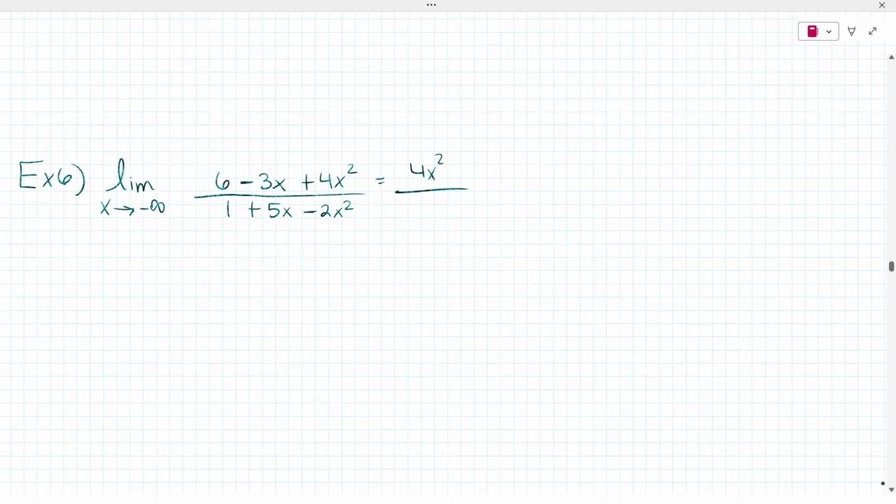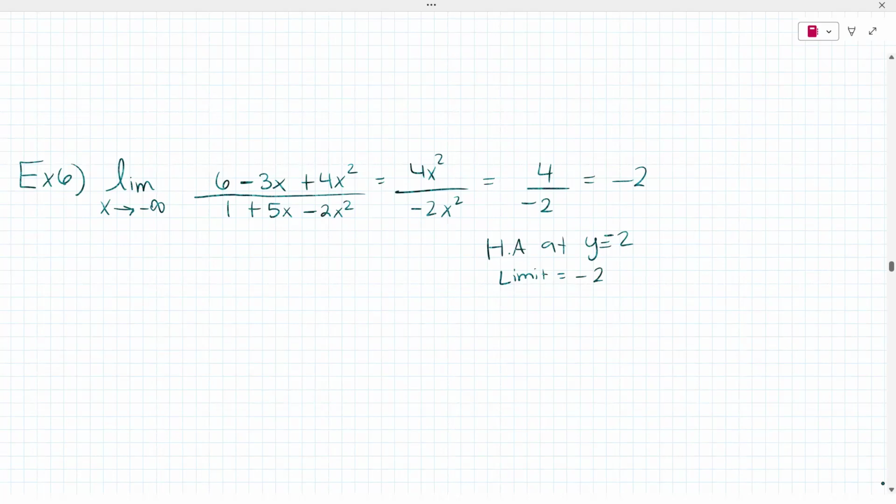On the bottom, the highest power is -2x squared. It looks like the degrees are the same, so you just use the coefficient. So 4 over -2, which is -2. Your horizontal asymptote is at y equals -2, or that is your limit. So the limit is also -2.